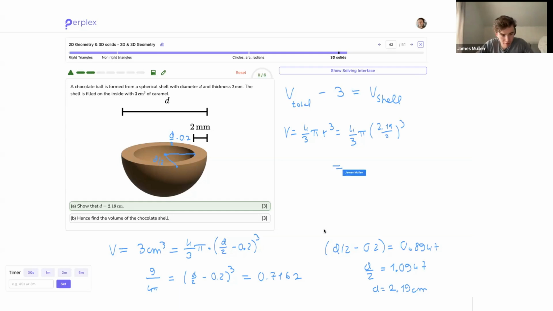And I would get 5.495. And all I have to do now is subtract 3 to find the V of the shell is 2.495 something. So I have to round up to 2.50.